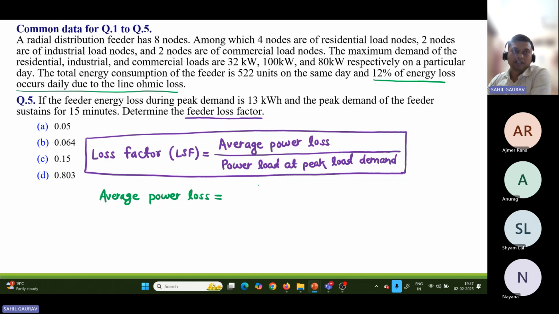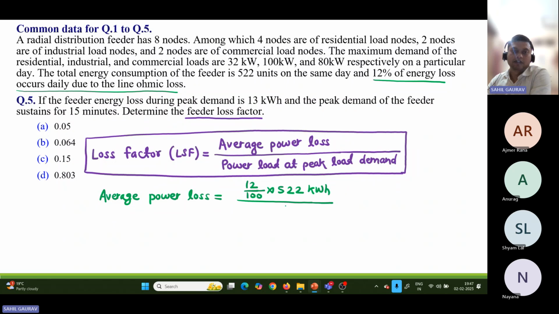So 12% of total energy consumption is the energy loss due to ohmic power loss. So 12% of 522 kilowatt hour.